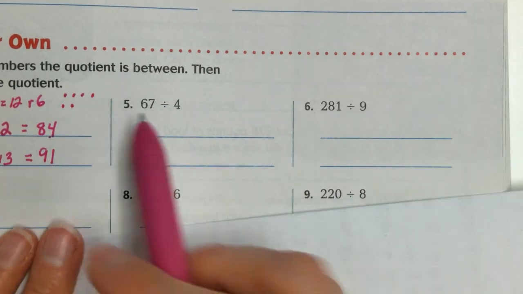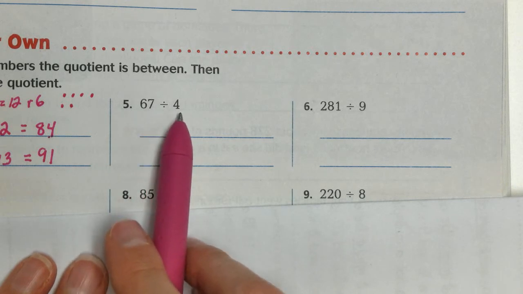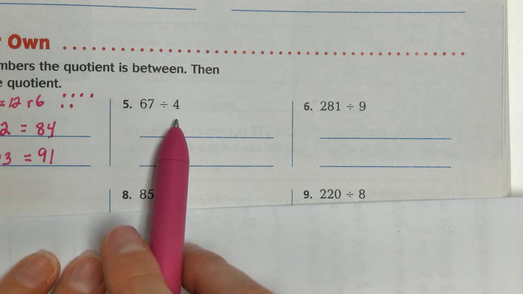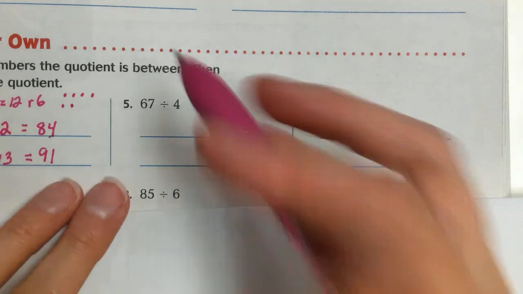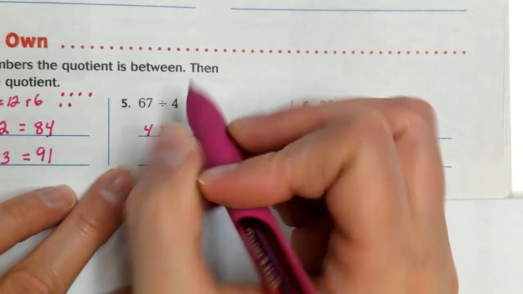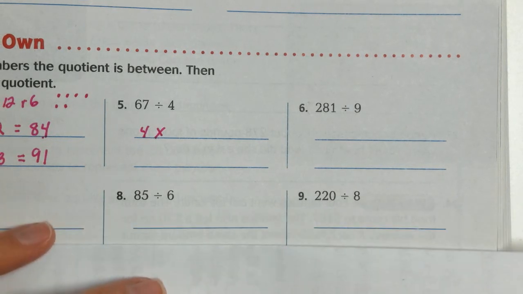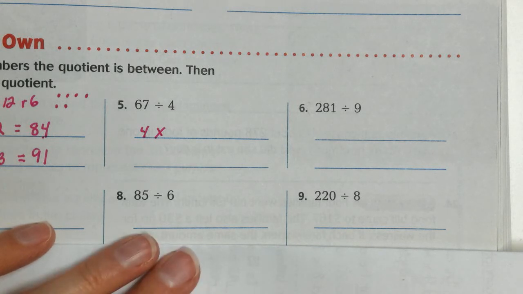All right. So if I have 67 divided by 4, I want to think of some multiplication problems. Let's think big. What's 4 times 12? 48.